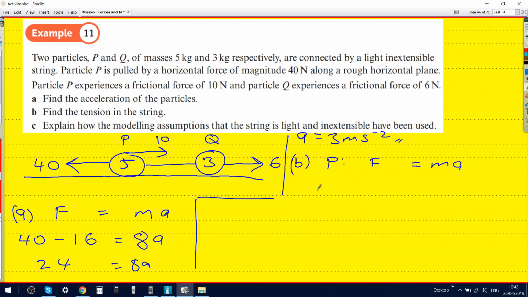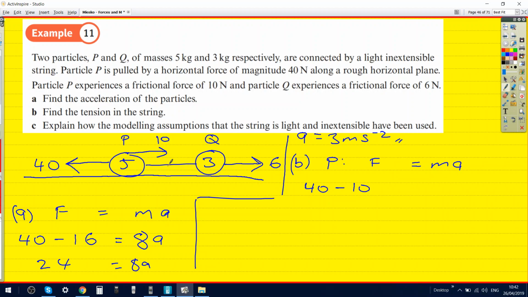So the force minus 10. What other force is there? The 3 meters per second of acceleration.